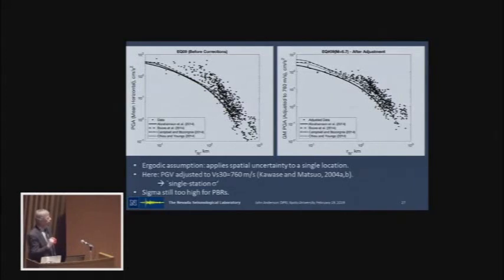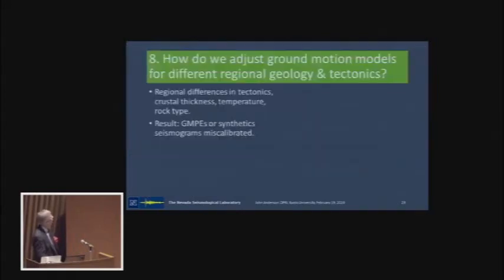But even in this case, sigma is too high. It's too high for the precarious rocks that we were looking at. So we still have work to do to figure out how to solve that problem.